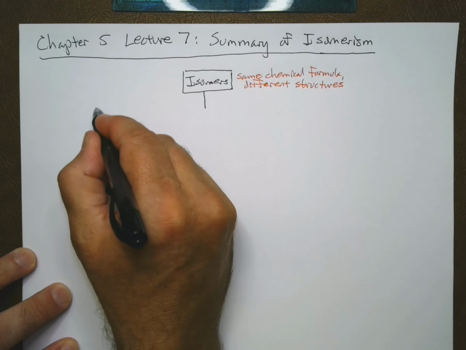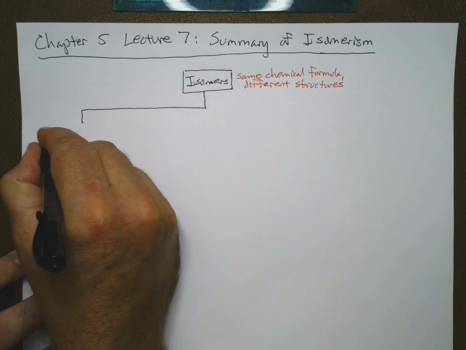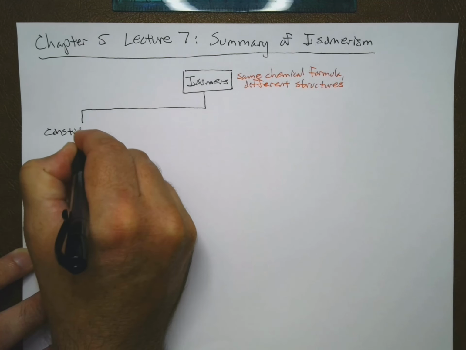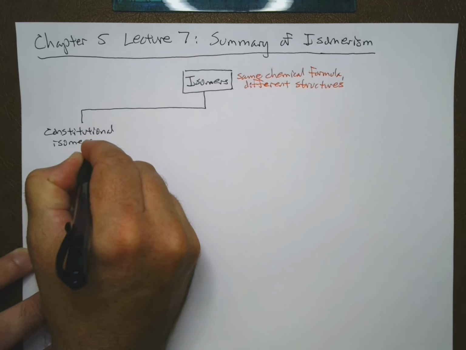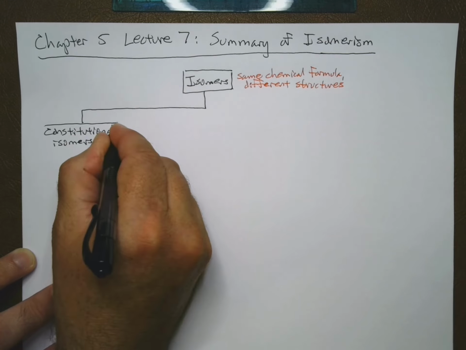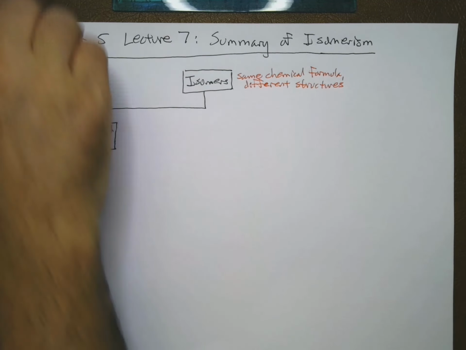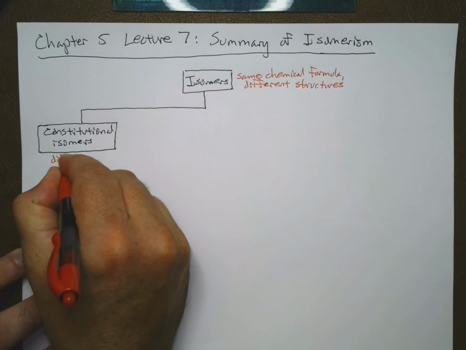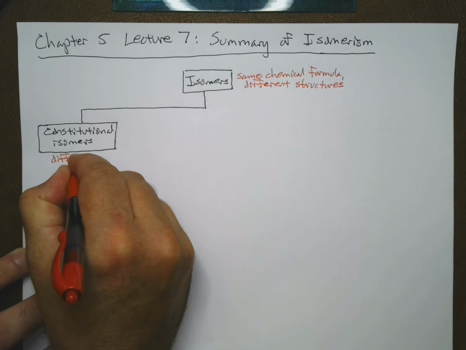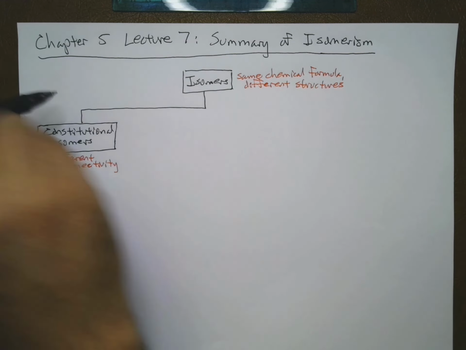Back in chapters 3 and 4, we looked at constitutional isomers. Constitutional isomers have different connectivity. That is, the atoms are connected differently.